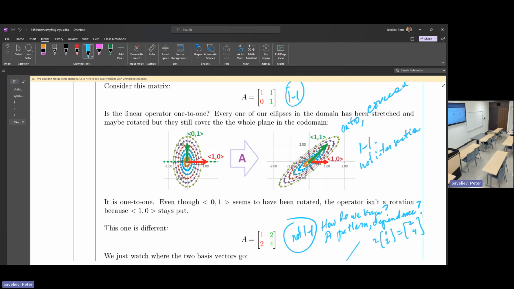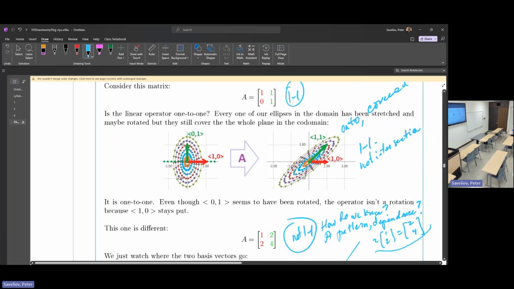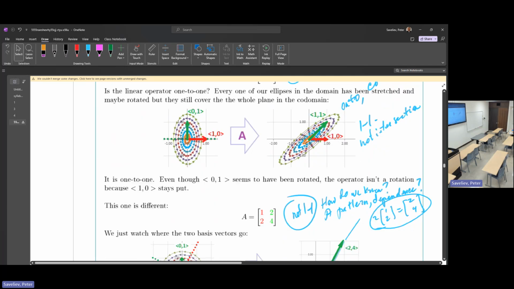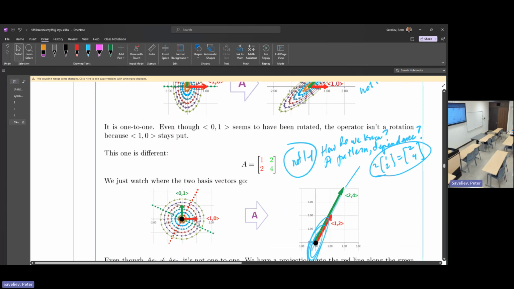So 1, 0 goes to 1, 2, 0, 1 goes to 2. Okay, so the fact that they are multiples of each other means that the two vectors, that's what's going to happen.